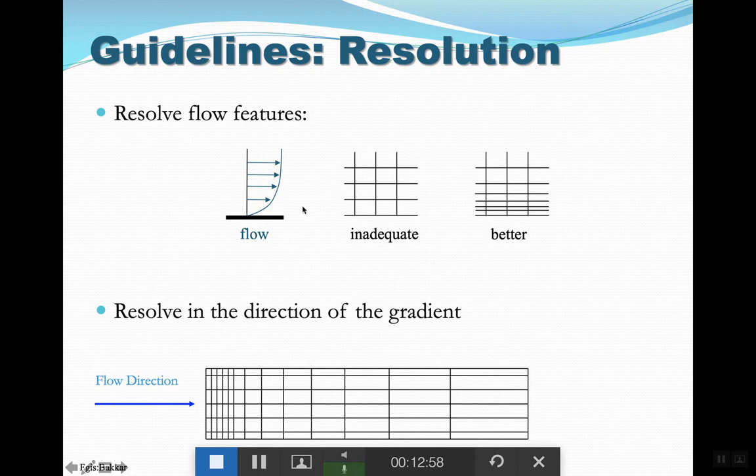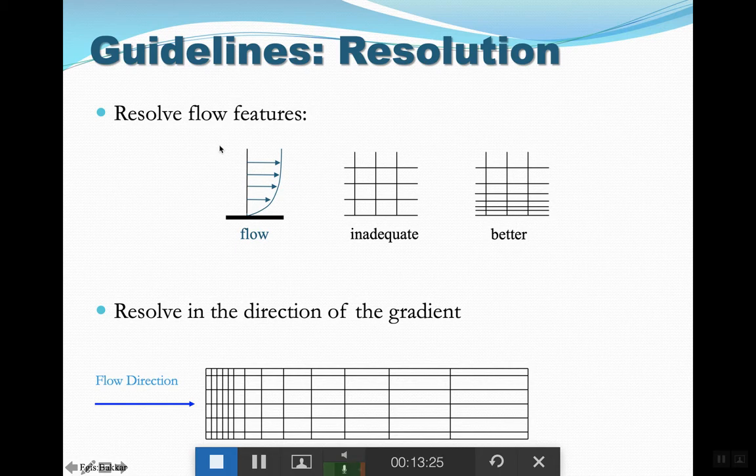For example, in here, you see the flat plate and the flow near the flat plate, which goes to 0 as we get closer to the wall, right? So if you want to simulate this and capture the proper change of velocity, and remember, velocity is only being calculated at the cell centers, if I put only 3 layers in here, I won't see the change very properly.